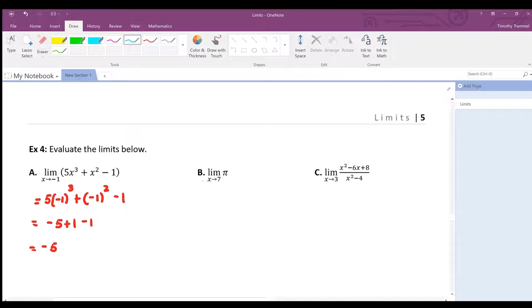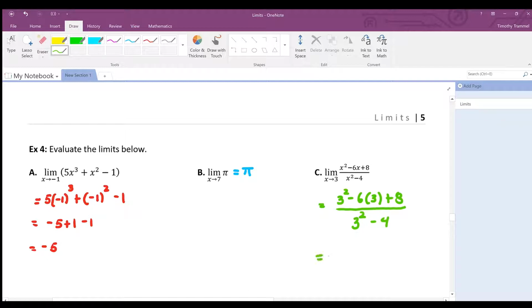Let's try another one. This one's actually just a constant function. Pi is just a constant, so this one's just pi. And then this one over here, we have a rational expression. We're just going to substitute in 3 for all the x's. We have 3 squared minus 6 times 3 plus 8, and then all over 3 squared minus 4.